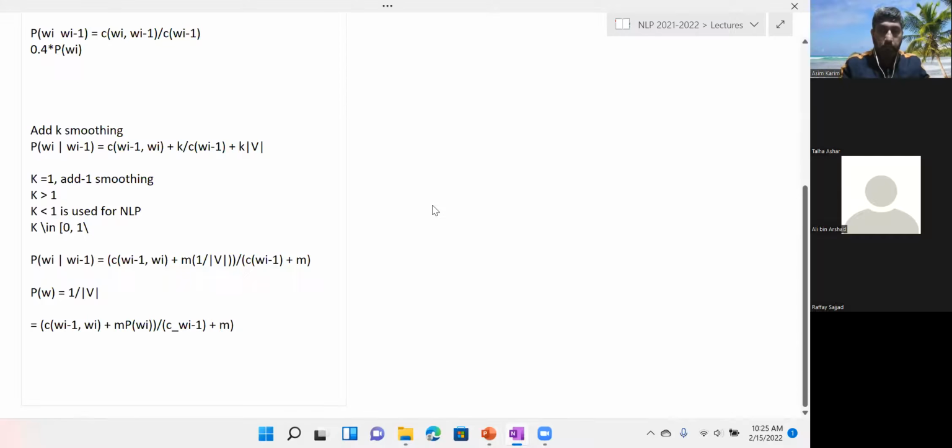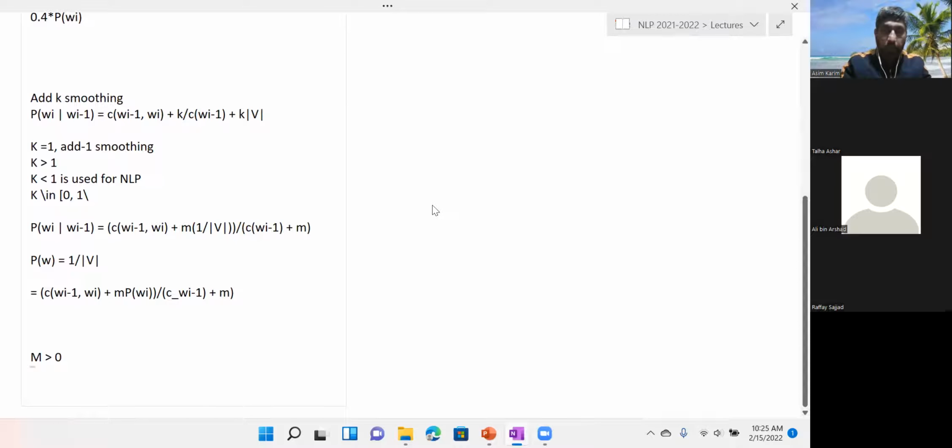M, okay. So M is basically a number greater than 0. Just like K, it's a number greater than 0, it's not necessarily an integer. So it can be used to tune the amount that you want to add to the count.